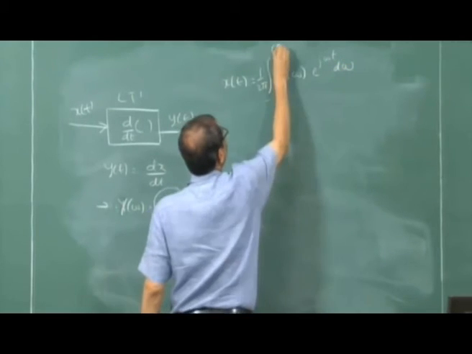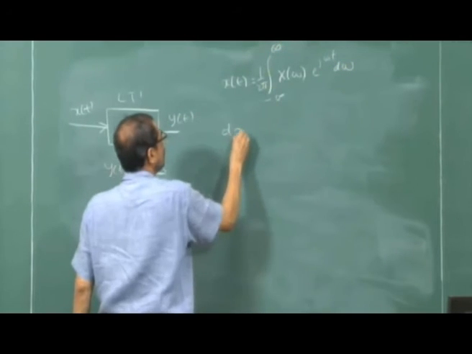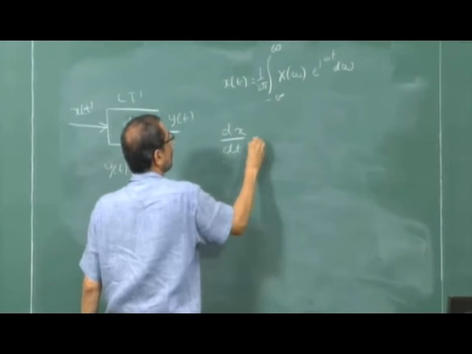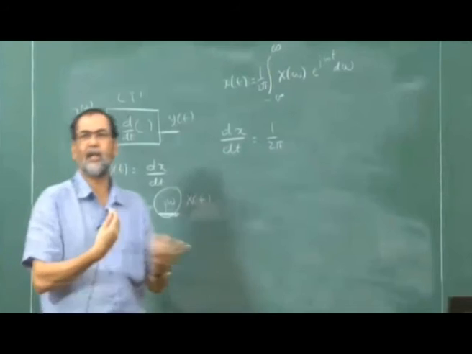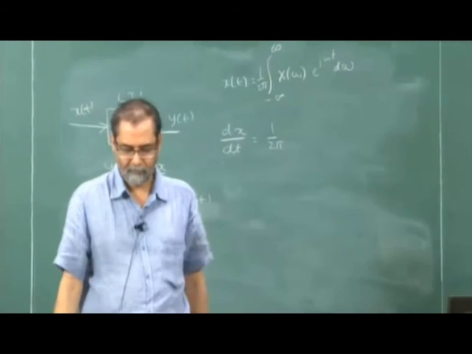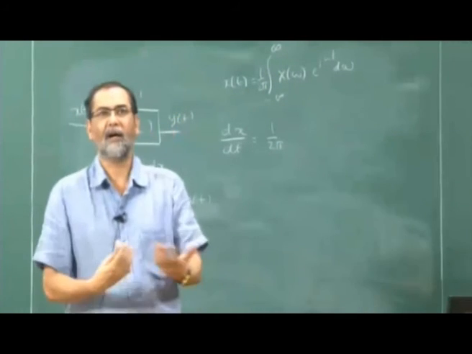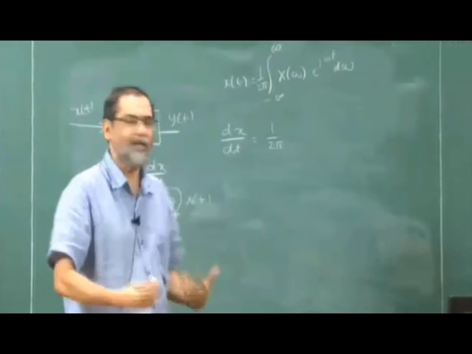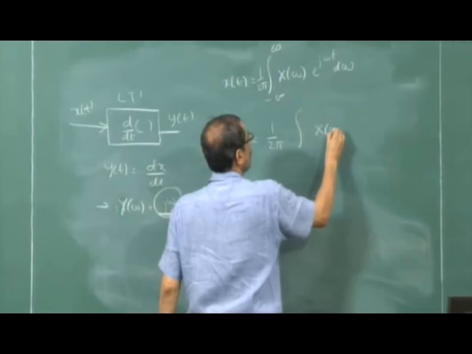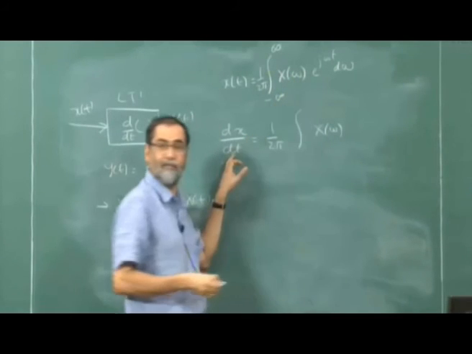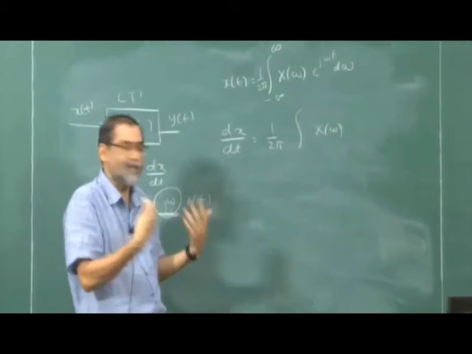Differentiate both sides, dx by dt, and interchange the order of integration and differentiation. x of omega is not a function of time, so it comes out.